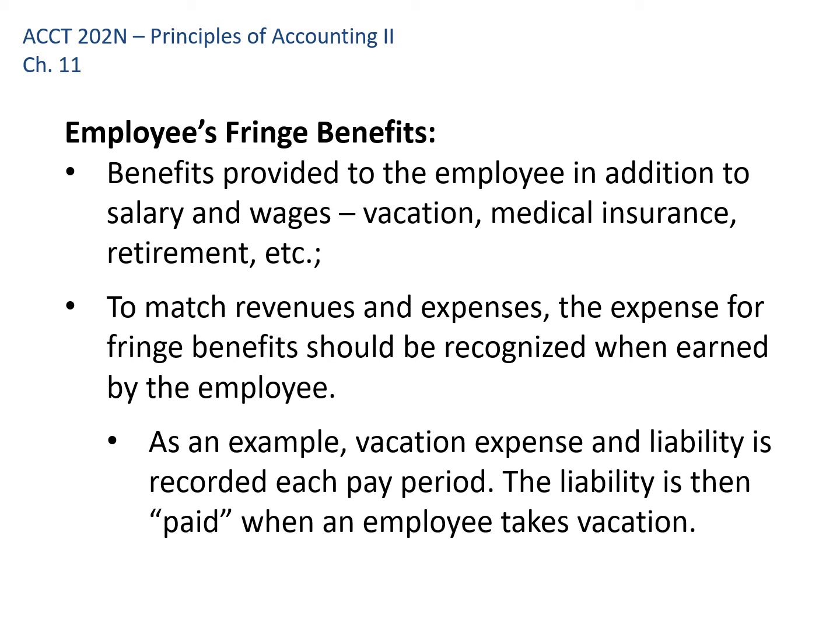We would want to record vacation expense and vacation payable in each of those months. So then when they take their 6 days of vacation in July, we're recording the payment of a liability, not additional wage expense. So we're recording the full impact of what the employee earns in the period in which they earn it. That helps with proper matching.